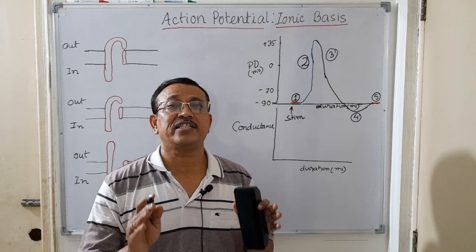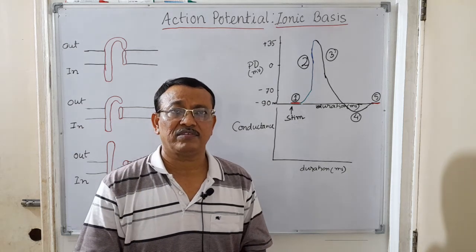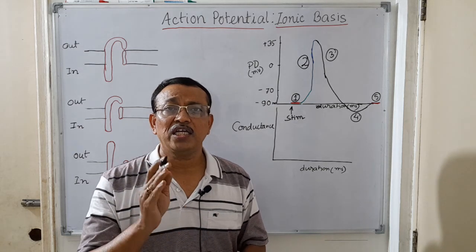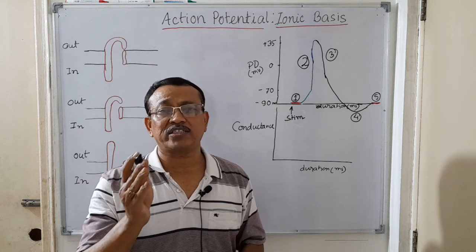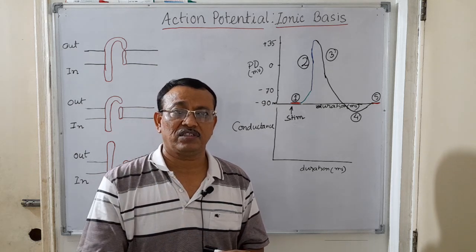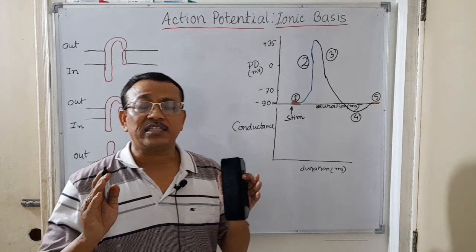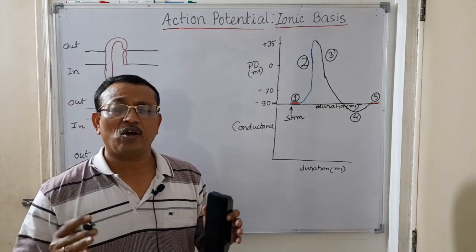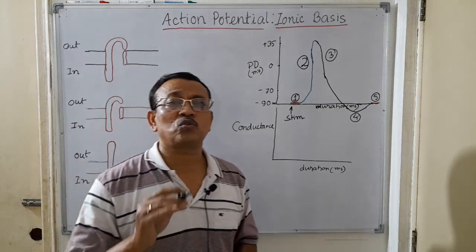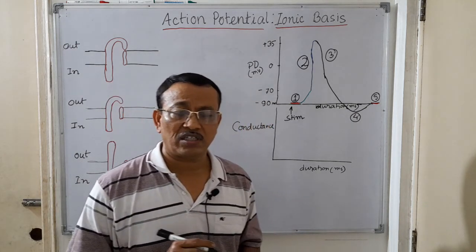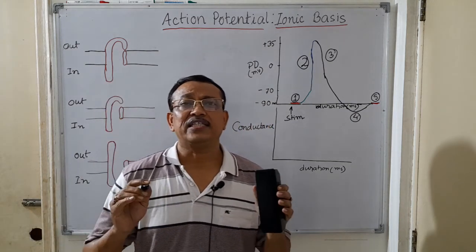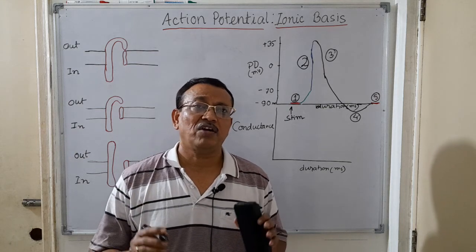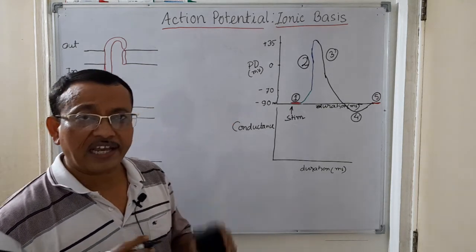That means these channels have a specific gate which controls the movement of ions from one side to the other side. This gate can be opened or closed in response to a change of voltage, and this is why these channels are known as voltage gated channels.